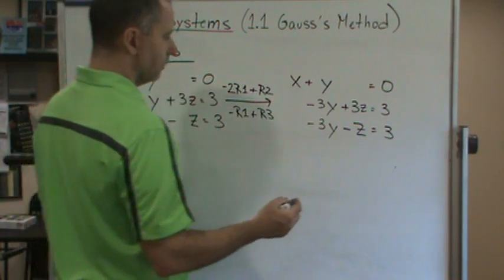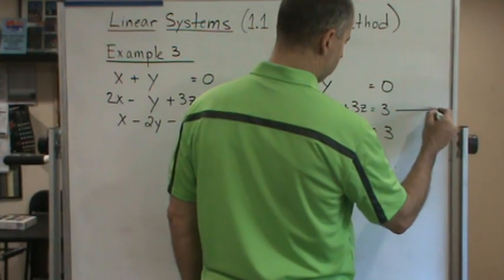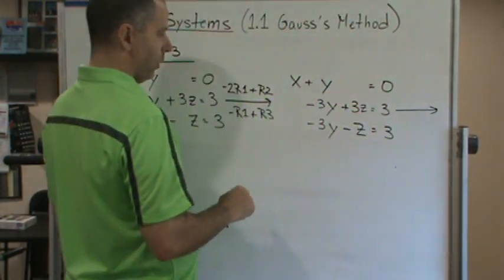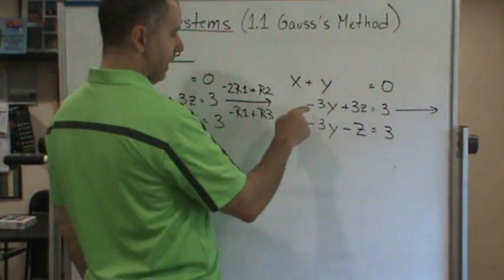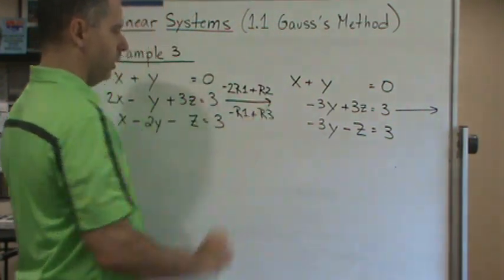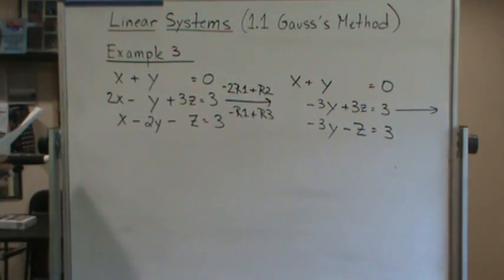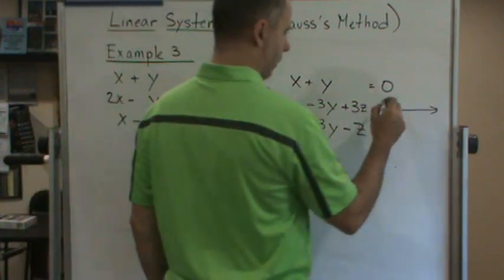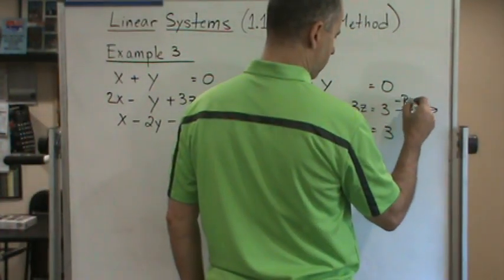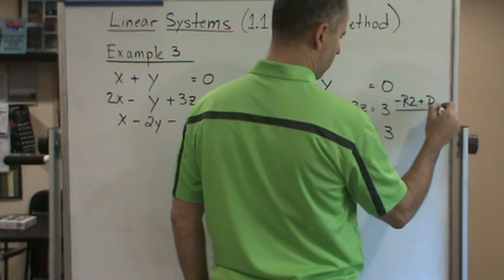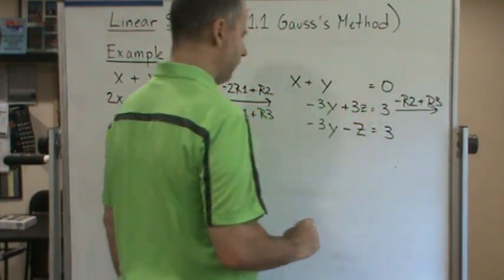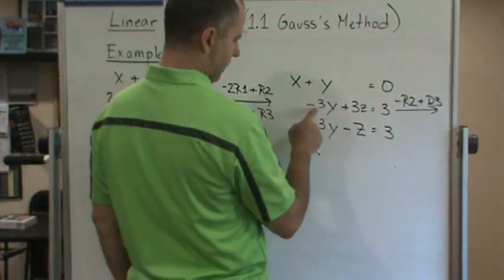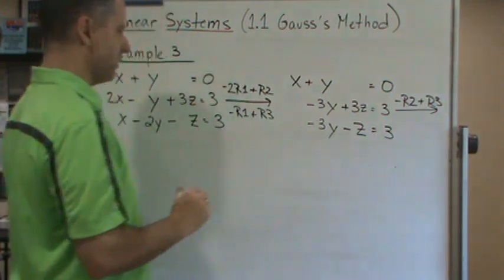We're going to just take negative row 2 plus row 3. So negative row 2 plus row 3. And so what's going to happen is this negative 3y is going to go away.